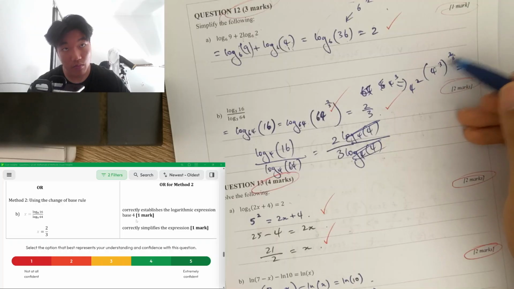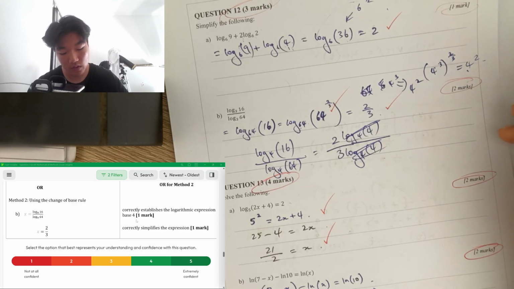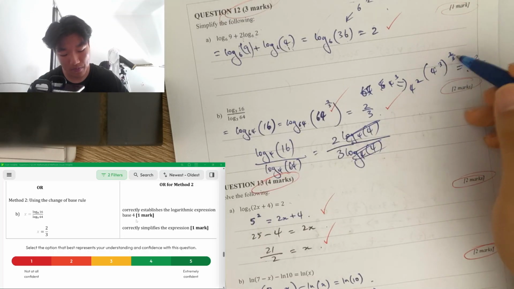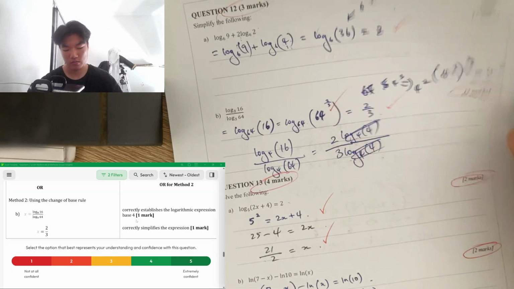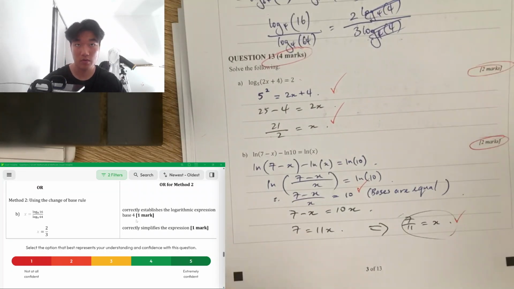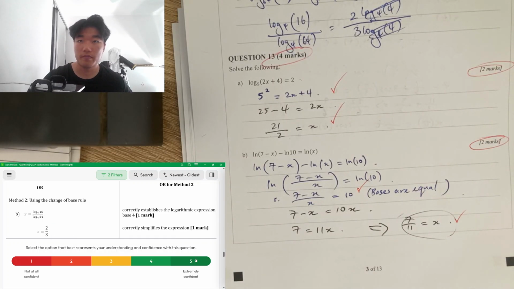So then these actually multiply rather than adding. The powers multiply, so 3 multiplied by 2 over 3 becomes 2, which is 4 squared. This is the same as 16, so then I can express it like that. That was pretty difficult to explain for some reason.